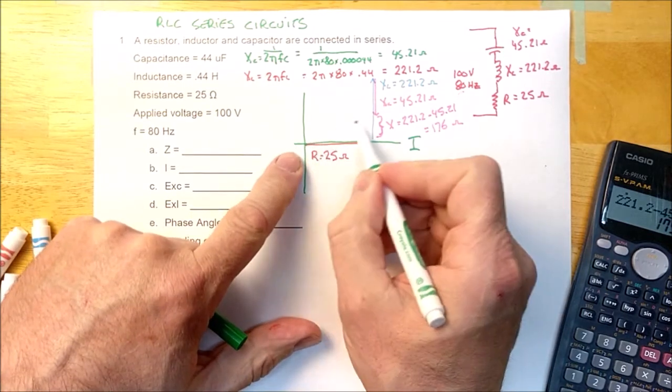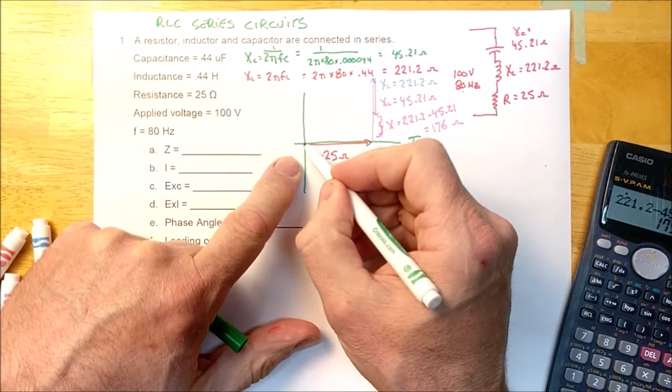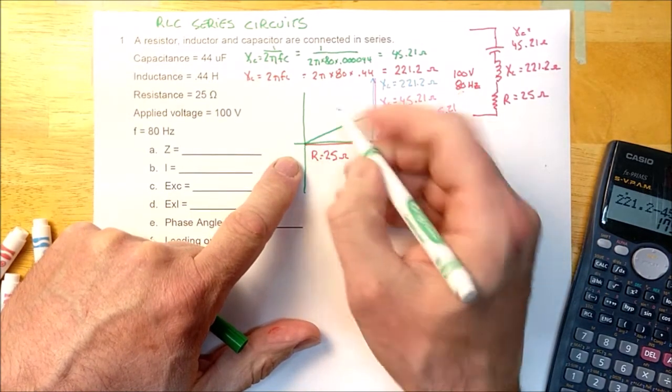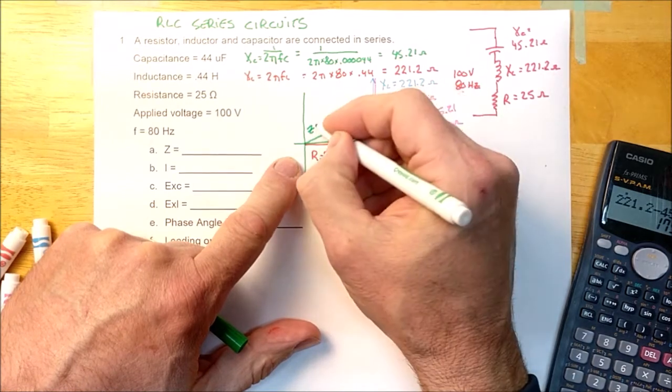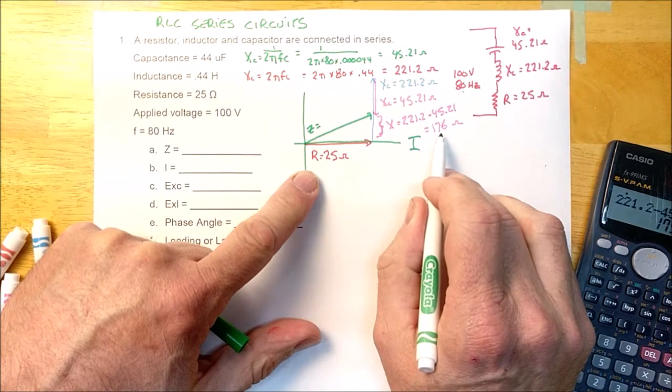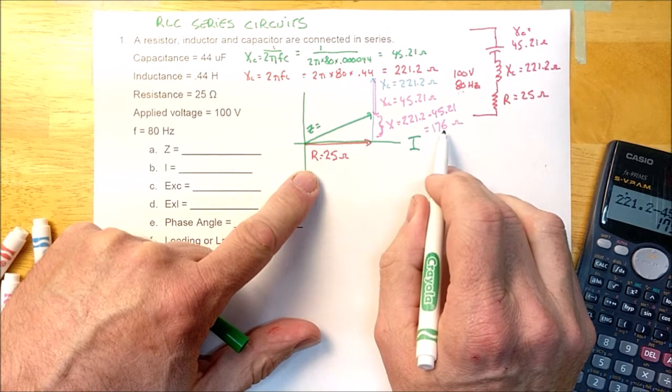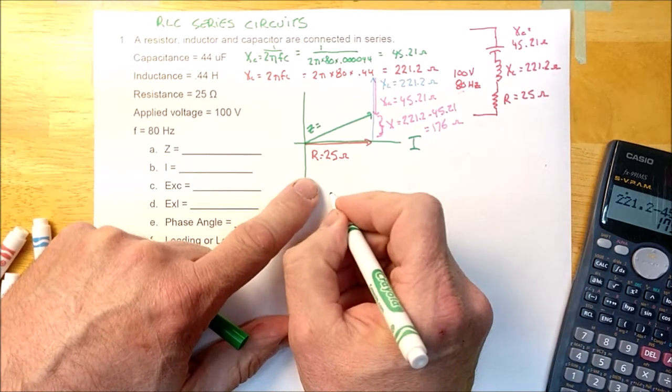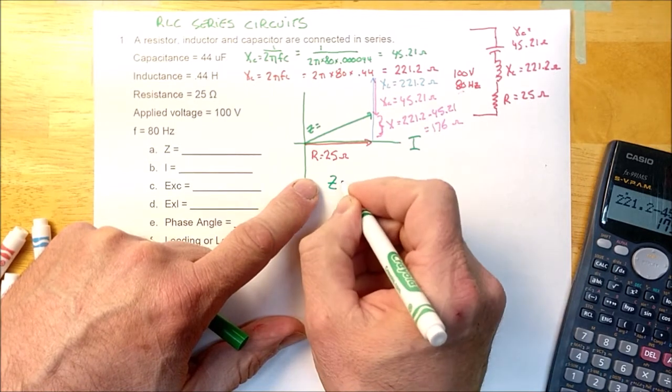All right. Now, the phasor sum of the 3 of them is going to be a line that starts at the first one and ends at the end of the last one. So there's the phasor sum of the 3. This is Z. It is equal to the square root of 25 squared plus 176 squared. So we're actually going to calculate it right here where we have some room.